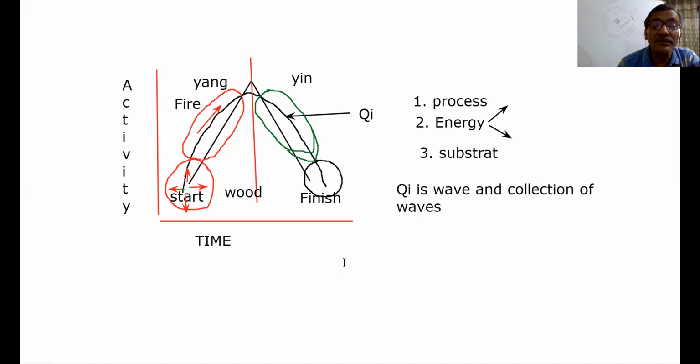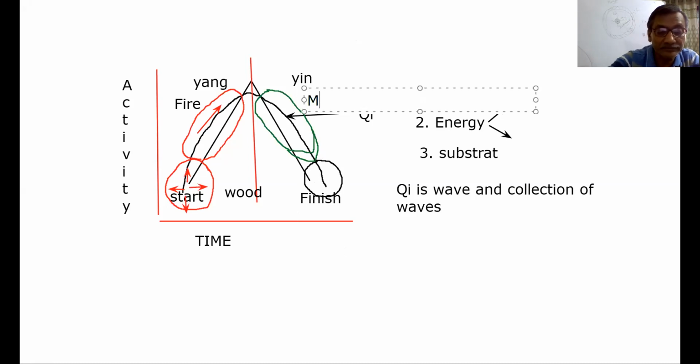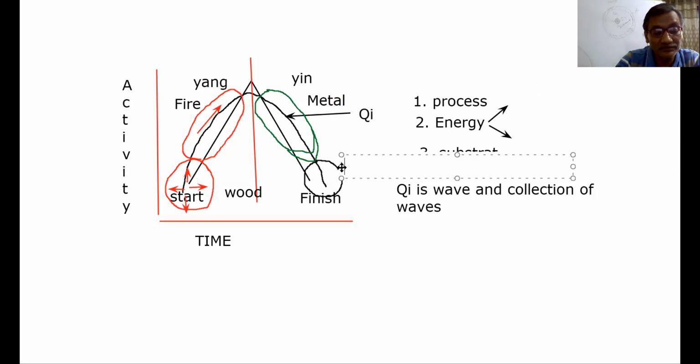Last phase, no activity, helplessness, no movement. So this third phase, the first phase on the inside, is called metal. And the last phase, when there is no activity, is called water.